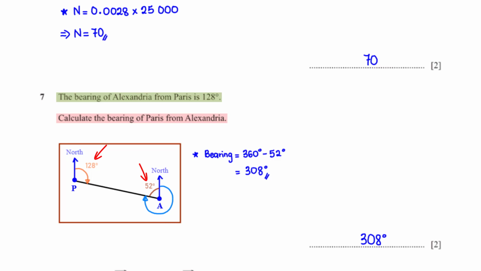Interior angles add up to 180 degrees. So to get this angle, we subtract 128 from 180, which gives us 52 degrees. Angles formed at a point add up to 360 degrees. So to get the bearing of Paris from Alexandria, we subtract 52 degrees from 360 degrees, which is equal to 308 degrees.